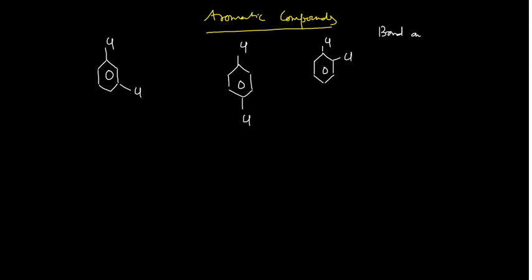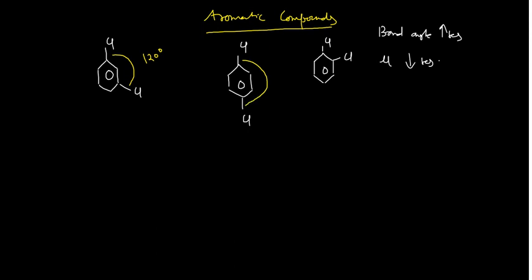Bond angle increases, mu decreases. This is something very, very important. In the meta derivative, this bond angle is somewhere around 120 degrees.